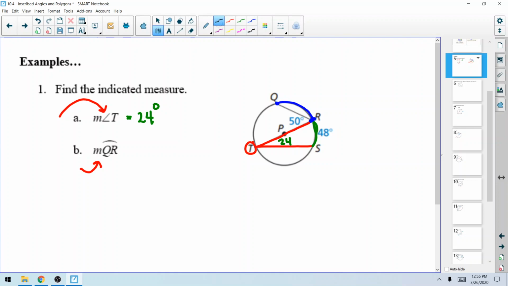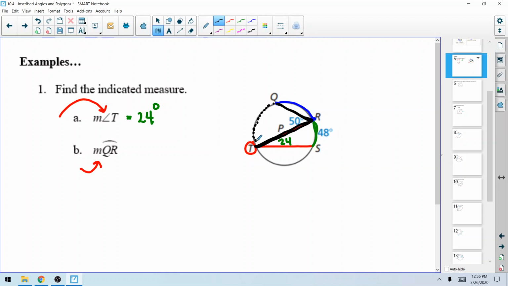But what I am looking at is my diameter here, which cuts my circle in half. And then I've got this 50 degrees. So if I know that the angle I outlined in black is 50 degrees, what do I know about that arc over there?